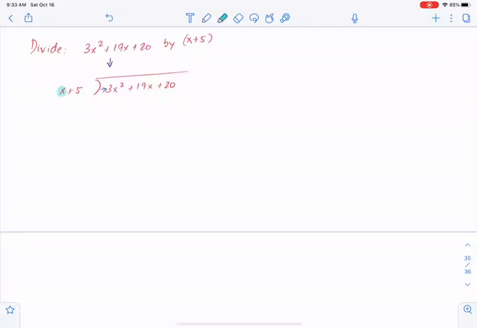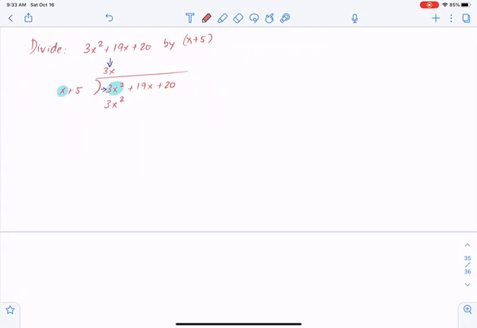And all I care about is that first term to get that 3x squared. So if I multiply x by 3x, I am going to get 3x squared.